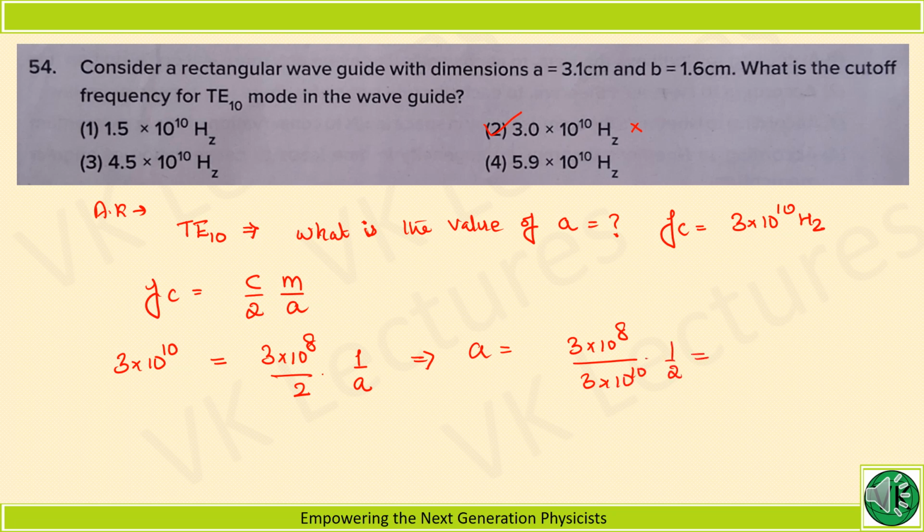So that's equal to 10 to the power minus 2 into 1 by 2, so 0.5 into 10 to the power minus 2. So this should be equal to this much meters, so in centimeter, this much meter, or 5 millimeter thickness.